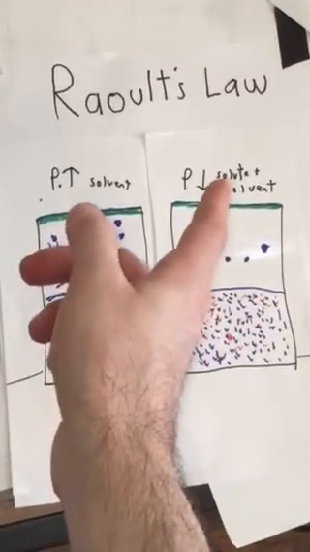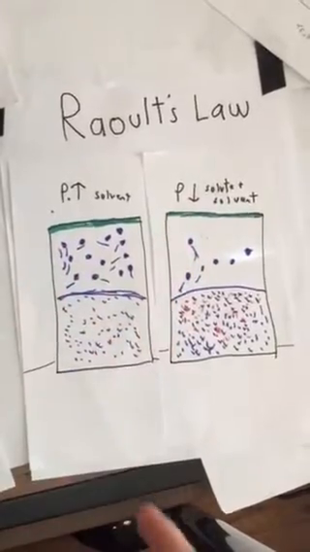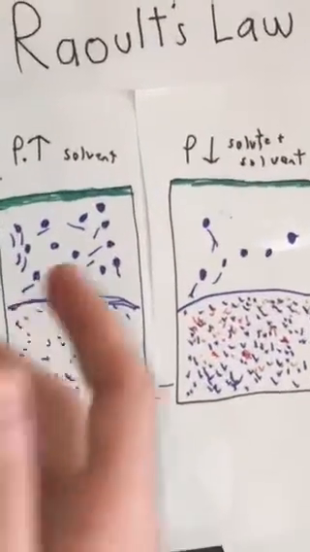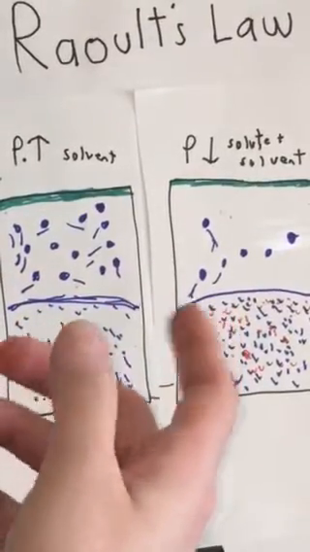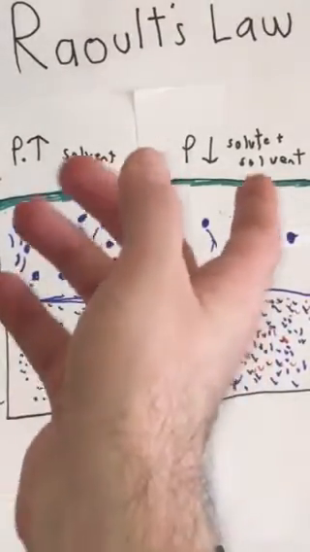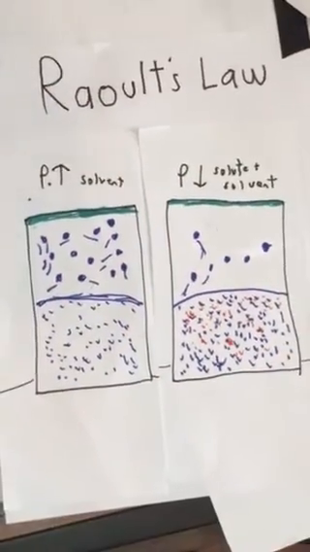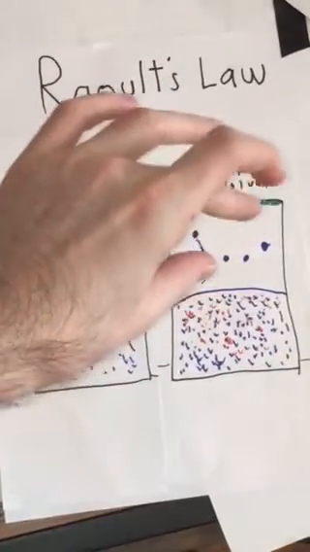Remember, the solute has 0 vapor pressure because it is a non-volatile solute. So the only thing that can evaporate is the solvent, and it will not evaporate as much because there's solute in it, and it's kind of blocking it from evaporating as much. So the vapor pressure is decreased here.